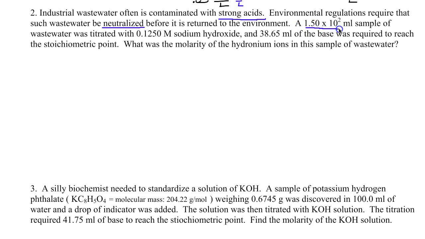So we have a 1.5 times 10 to the 2 milliliter sample of wastewater that was titrated. Now, what does titration mean? Titration means that we are taking a known amount of some chemical and we're going to figure out what the other chemical's value is from a known amount. We've done this gravimetrically, right? We've done it with, hey, what is the formula of a hydrate if I know the mass of the anhydrate and the mass of the regular hydrate, the missing water.